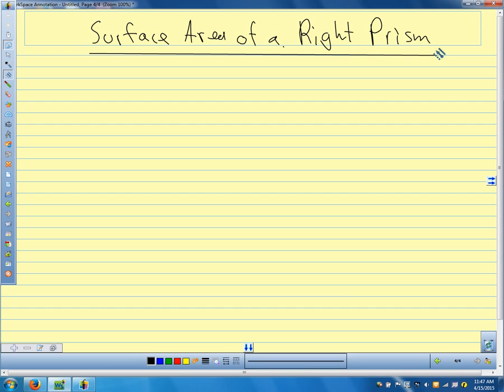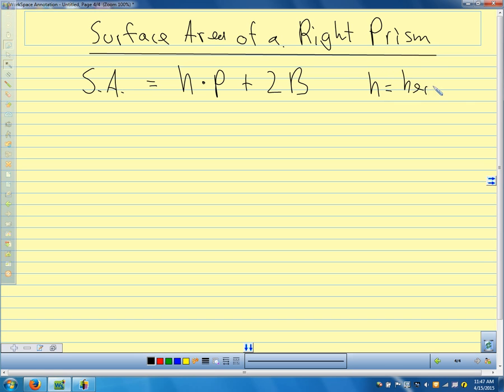Surface area equals the height times the perimeter of the base plus 2 times the area of the base. So h is the height. B equals the area of the base.